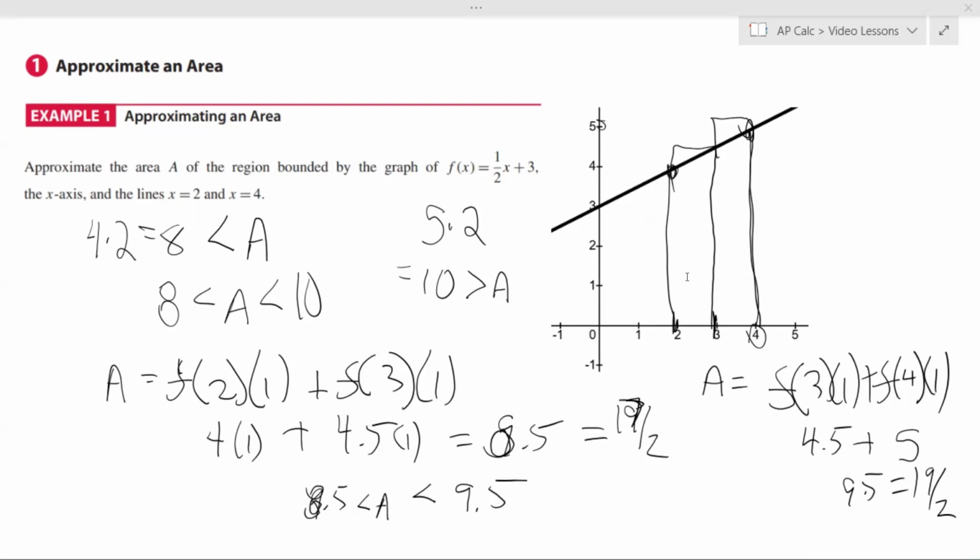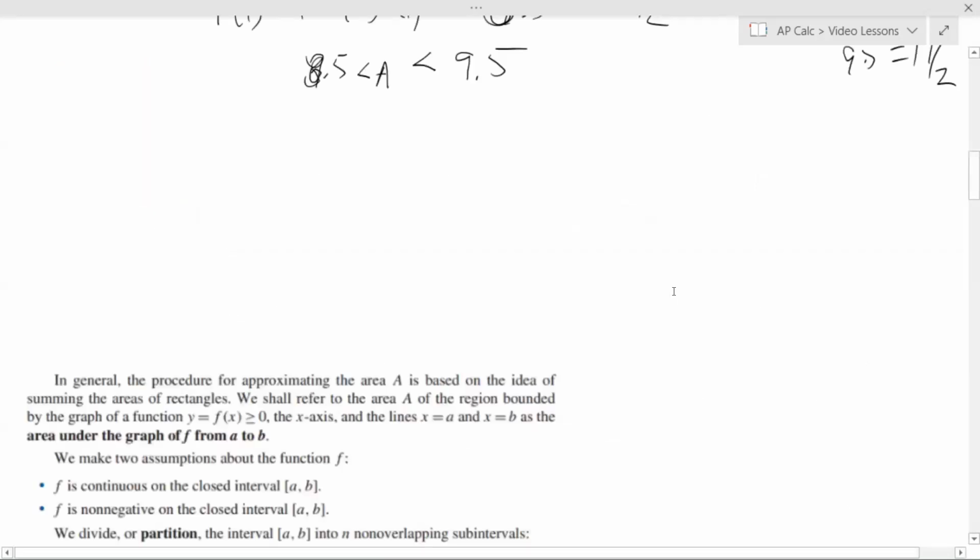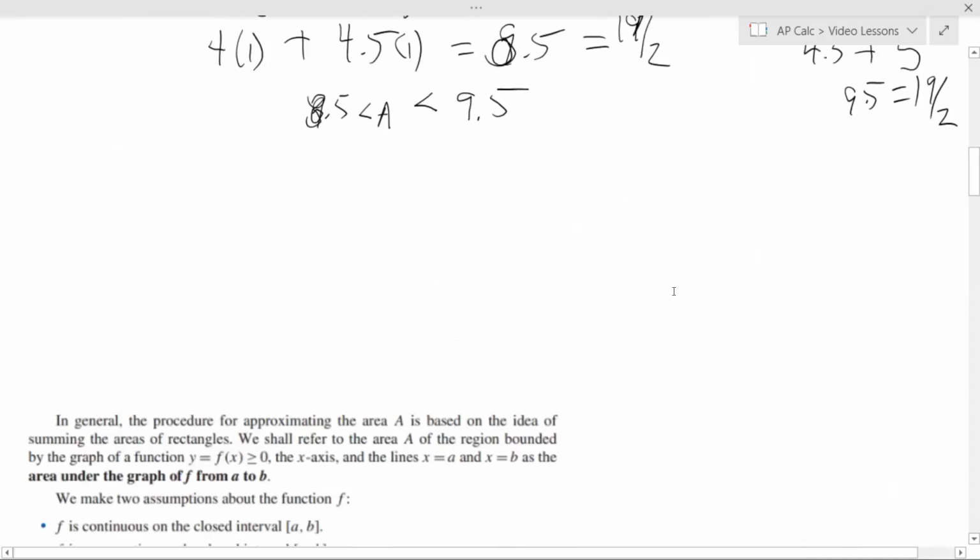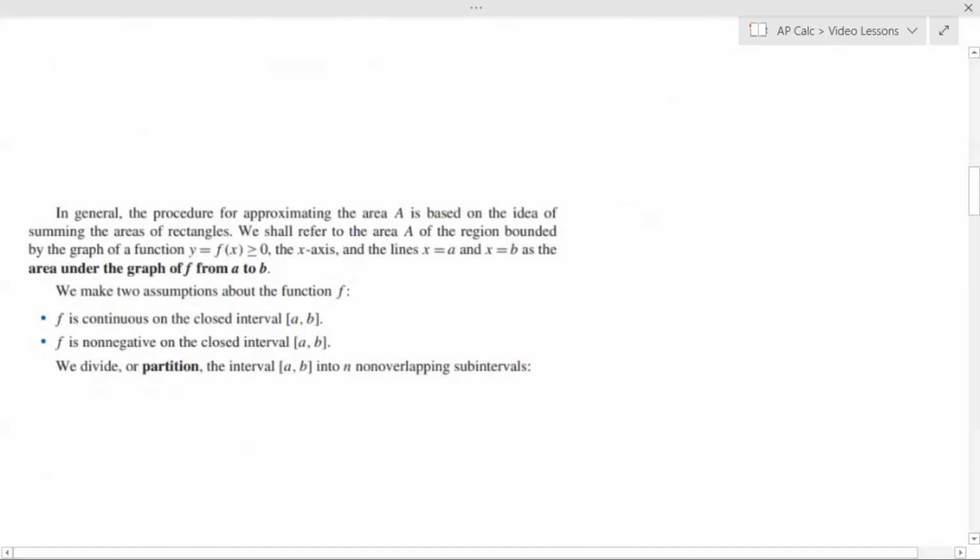Now we can actually get the true area here because we could just make it a trapezoid and go from there.